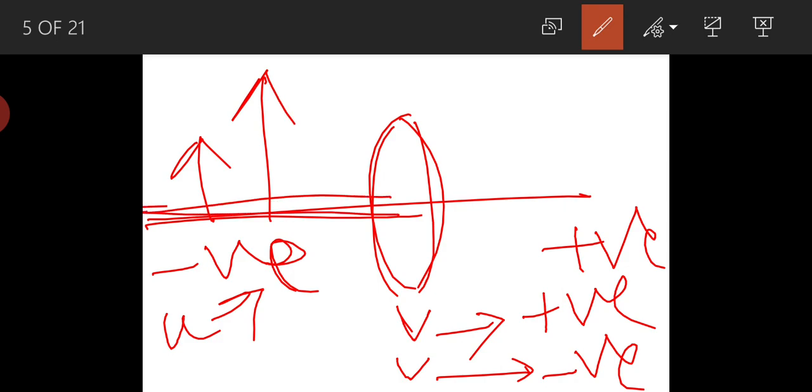So in case of virtual image, distance v is negative. In case of real image, distance v is positive, whereas object distance is always negative. So u is negative, v may be either positive or negative.